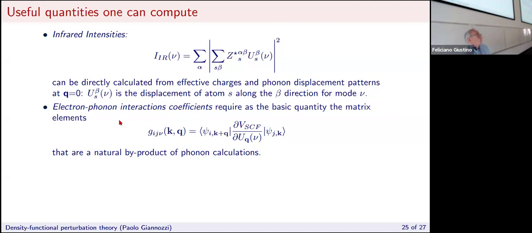Something that is maybe worth mentioning is that the machinery of density functional perturbation theory can be recycled also in other cases. In particular, it can be reused in many kinds of many-body perturbation theory calculations.